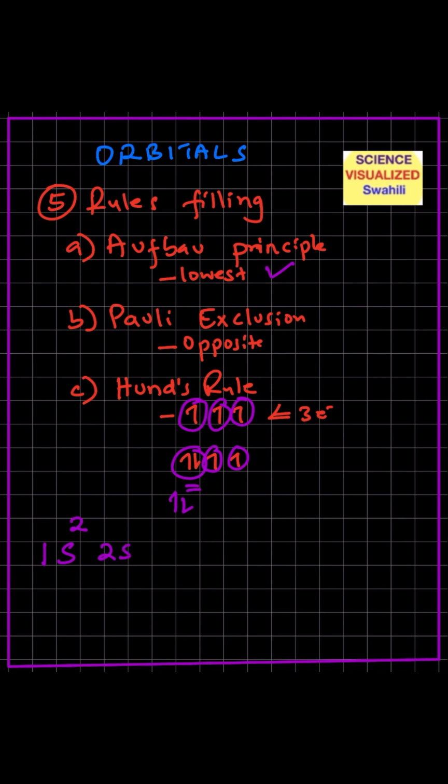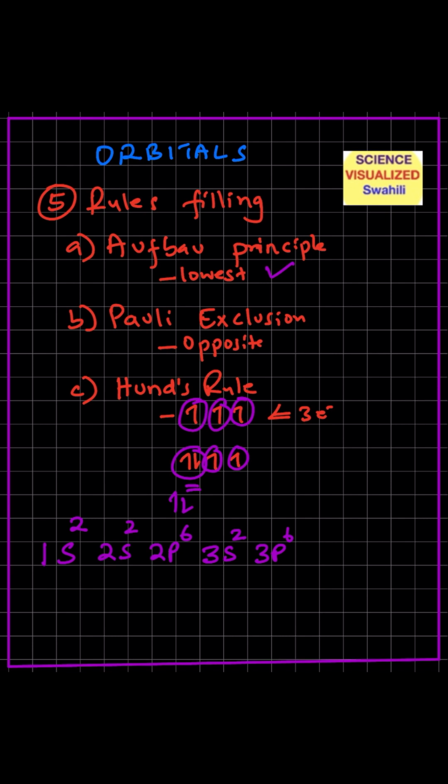S is always the lowest energy, and then a maximum of 2. But at that level 2, you also have 2p, but remember you have px, py, and pz. Each of those has a maximum of 2 electrons, so you get 6 electrons. And then after that, you go to 3s, maximum of 2, and then 3p, maximum of 6.